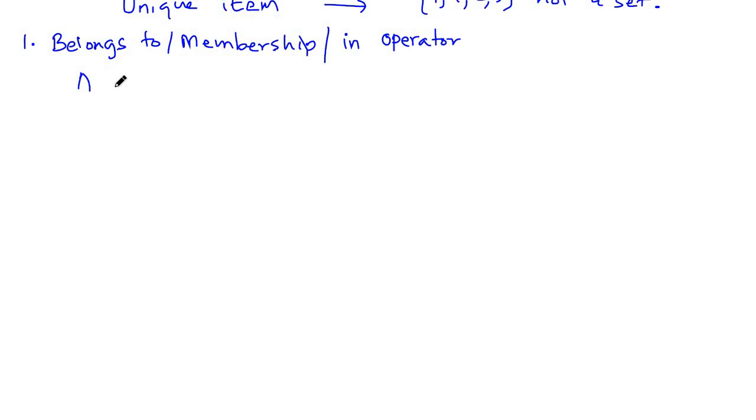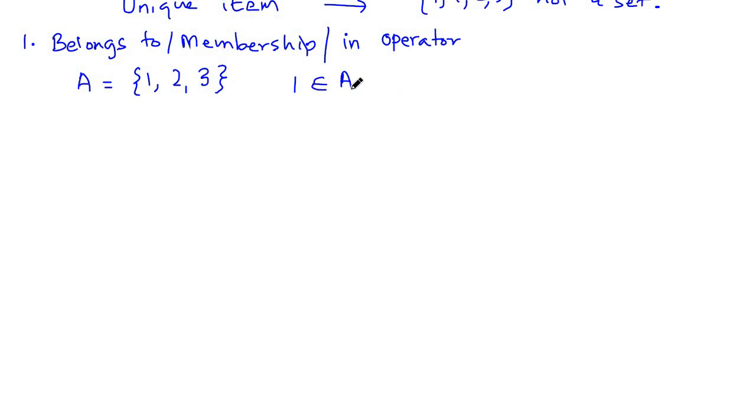For example, let's say this set A is there and you have elements 1, 2, 3. Anything that is inside this is a member of set A. So how do we denote it? We say that element 1 is in A, or is a member of A, or belongs to A.